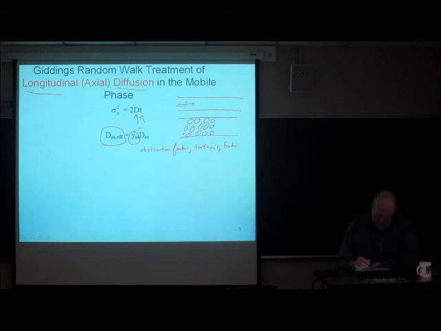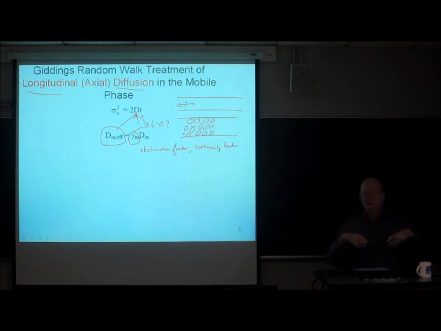So typically, this number is 0.6 to 0.7. So now we have our first number. We're going to stick that in there for the diffusion coefficient in the mobile phase. D sub m is the diffusion coefficient of the molecule in exactly the same liquid that you have for your mobile phase, but there's no particles around to mess up its diffusion coefficient.